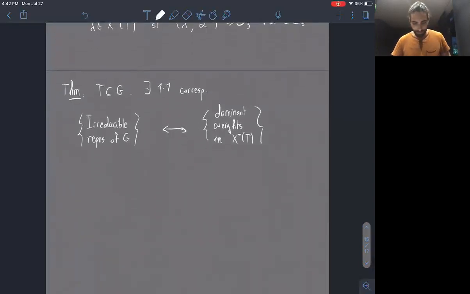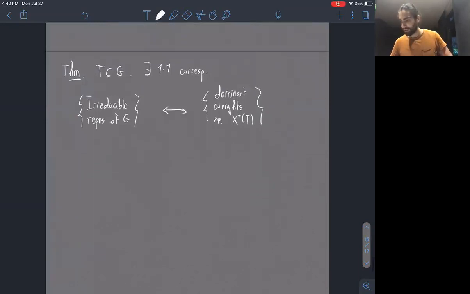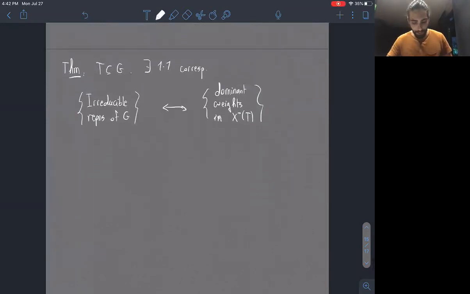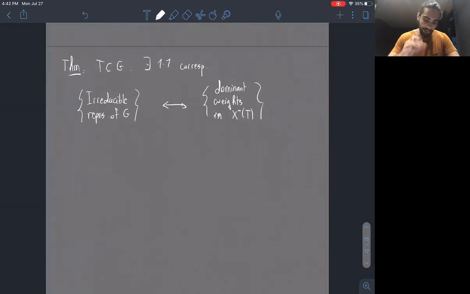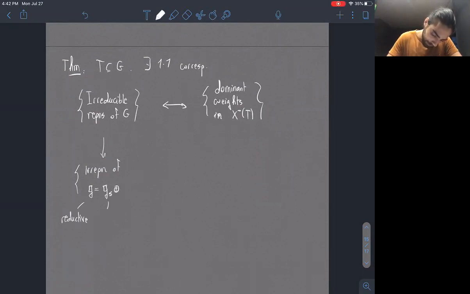And if you'd like to put that next to the Lie algebra correspondence, you could differentiate each irreducible representation to obtain an associated irreducible representation of the Lie algebra g. Now G here is reductive, for which an equivalent definition is that it splits as a direct sum of a semi-simple part and an abelian part.